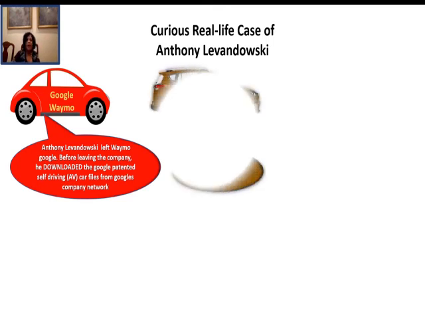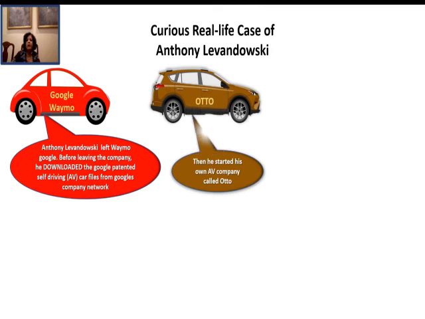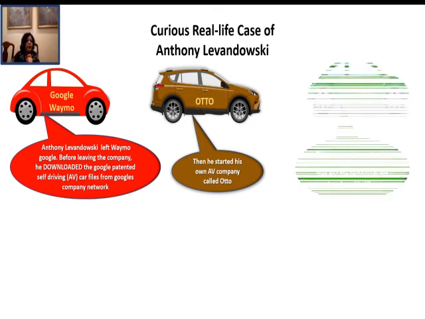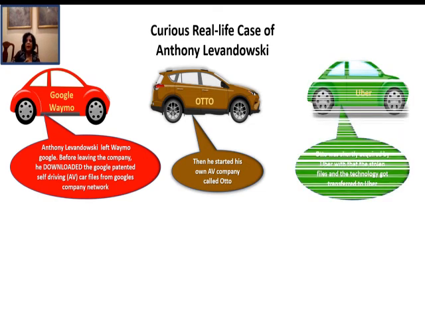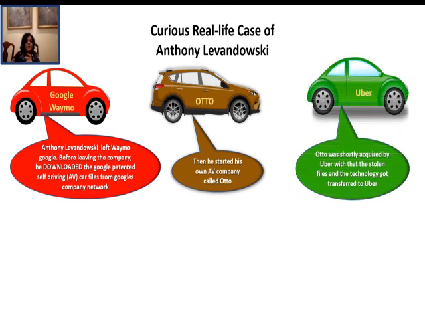Then Anthony started his own company called Otto, which was quickly acquired by Uber in 2016. The Otto acquisition by Uber led to a trade secrets theft lawsuit filed by Google Waymo against Uber's AV sector.